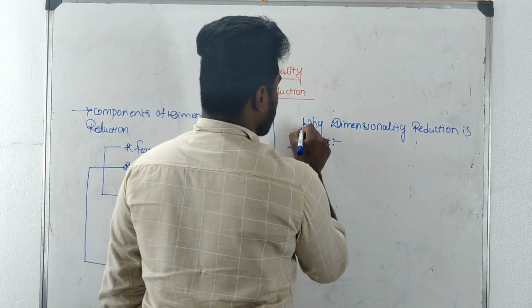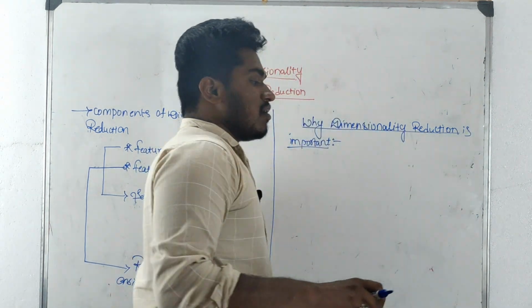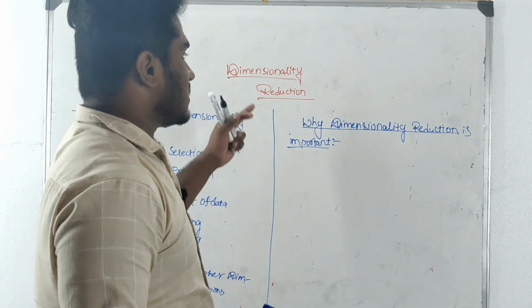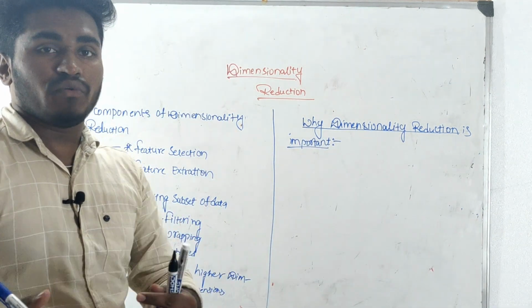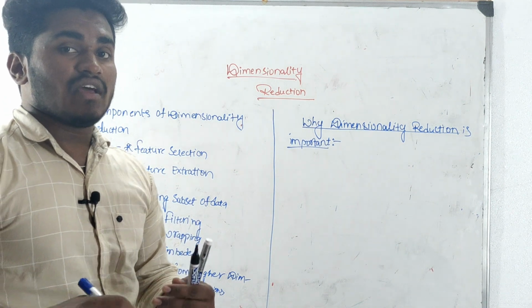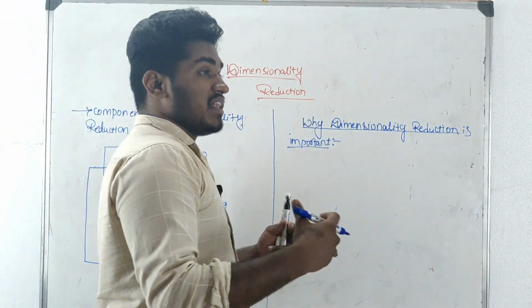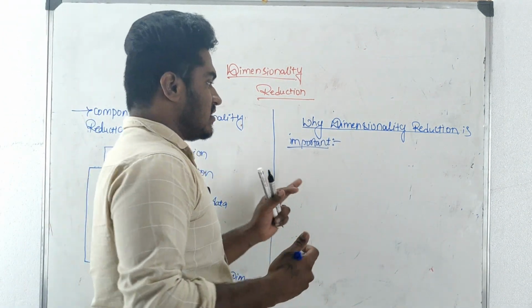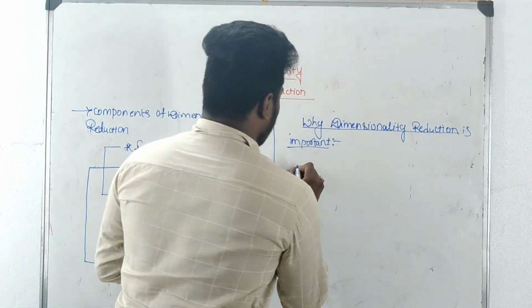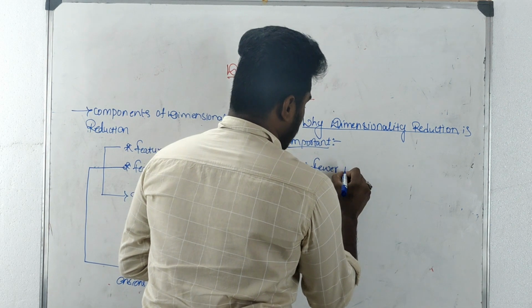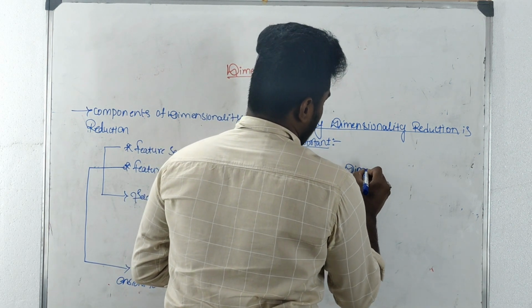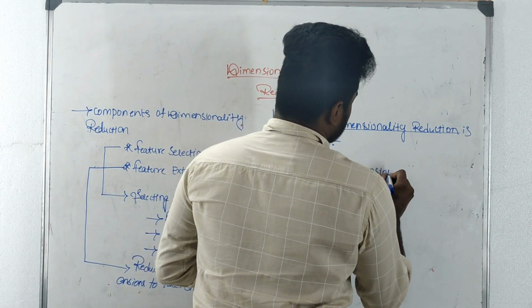Okay, so by adopting this dimensionality reduction technique, if we have fewer features, in the sense that we have fewer dimensions, then we have less complexity, right?